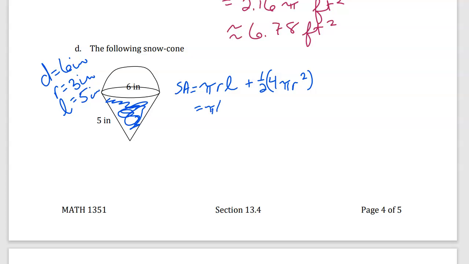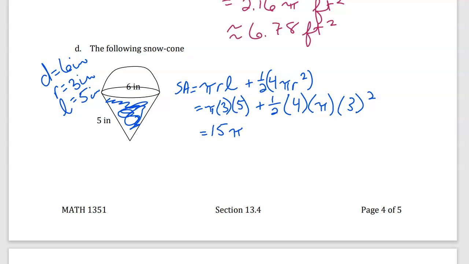So we have pi times 3 times 5 plus 1/2 of 4 times pi times 3 squared. So this would give me 15 pi plus half of 4 is 2 pi times 9.